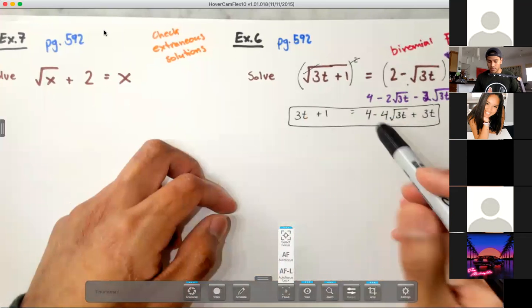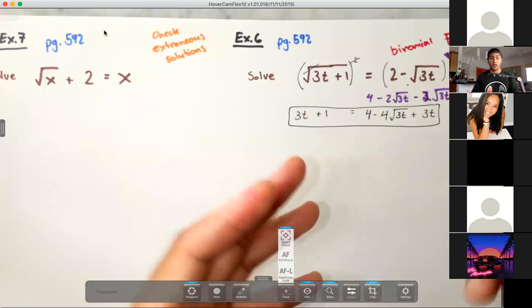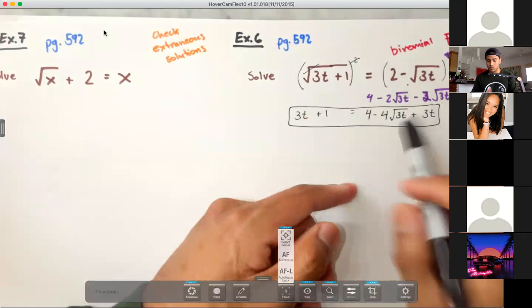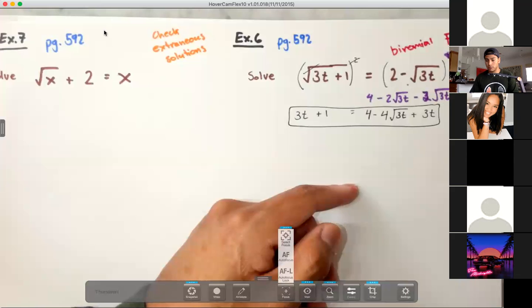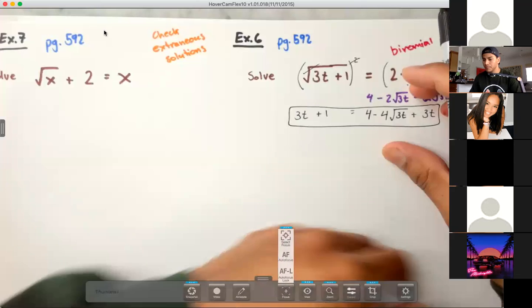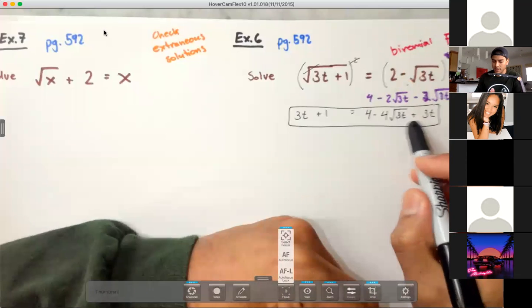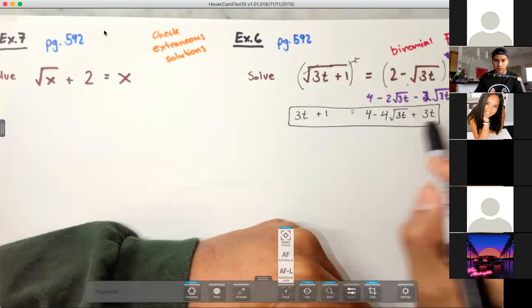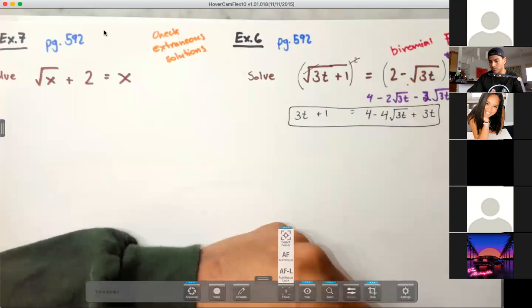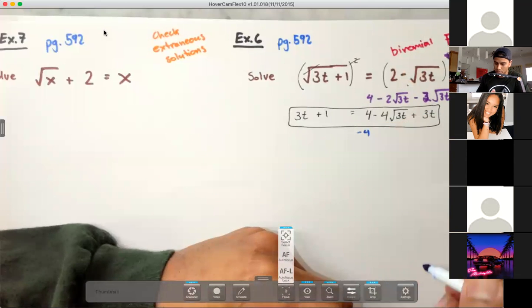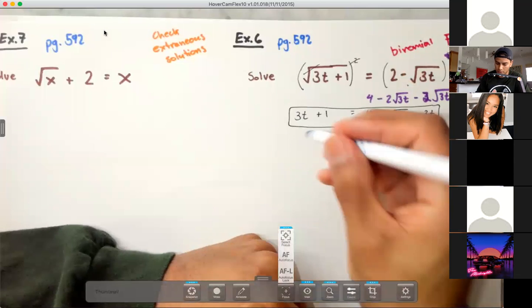To get rid of that radical, we're going to have to once again raise each side to the squared power. But before we do that, let's get rid of everything that we can that's not the radical. So let's subtract 4 from both sides, and let's subtract 3t from both sides.